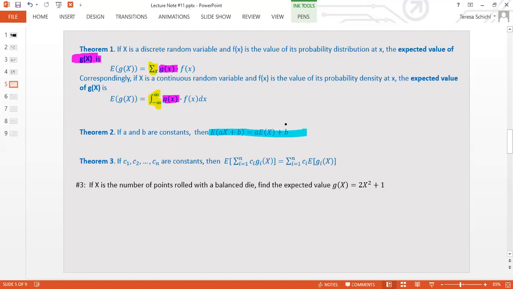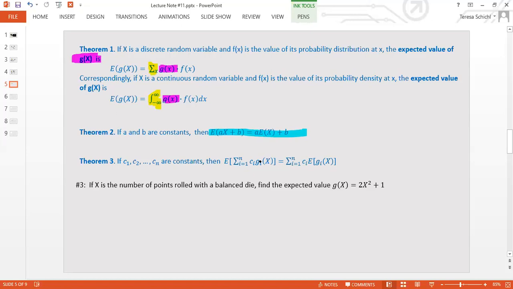If I change that and say every person is going to bring 2 extra friends, that means I need to add the extra friends here. That's what we call the expected value here. Or if you have a constant, you can just take it out, okay?